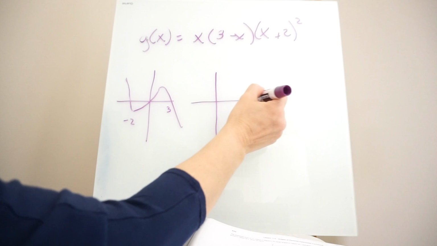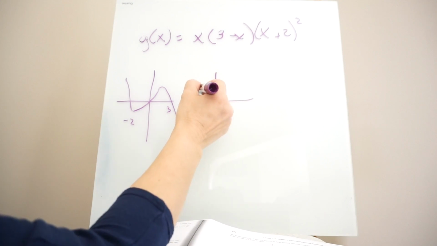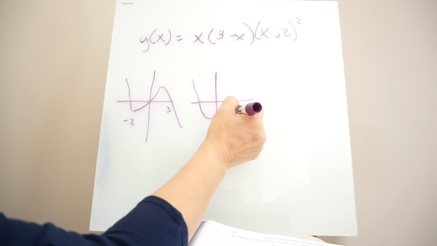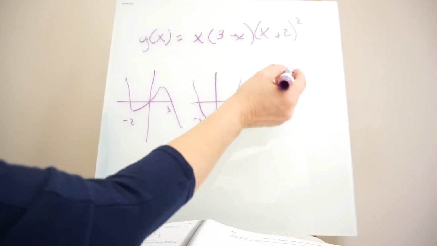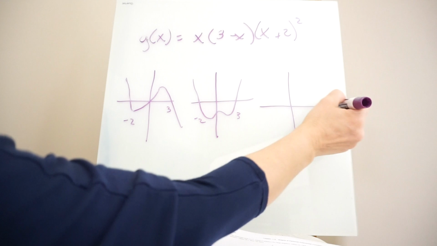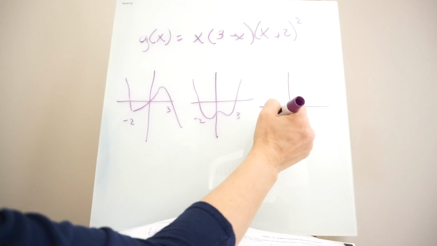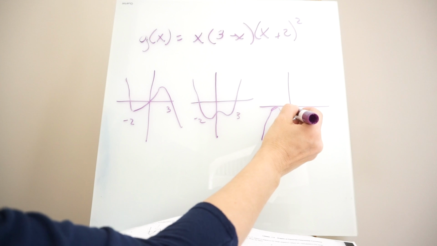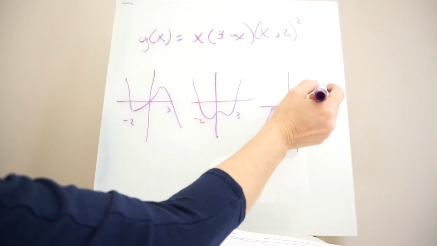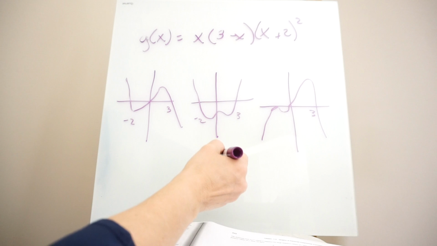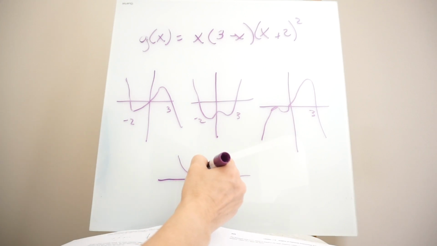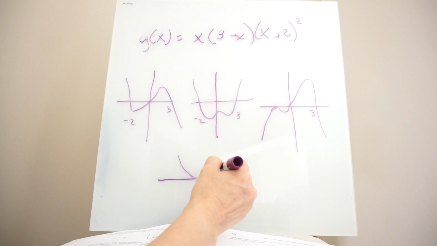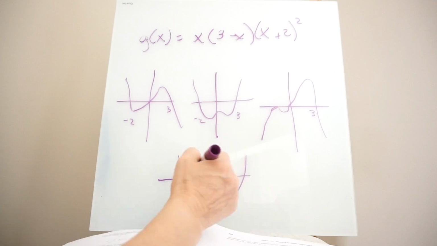The next one goes at -2, bumps up, and 3. The next one bumps at -2, comes down, and crosses at 3. And the last one bumps at -2, crosses at 0, and 3.